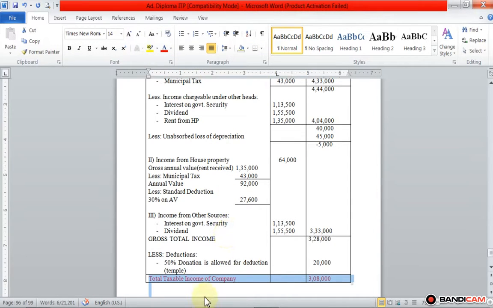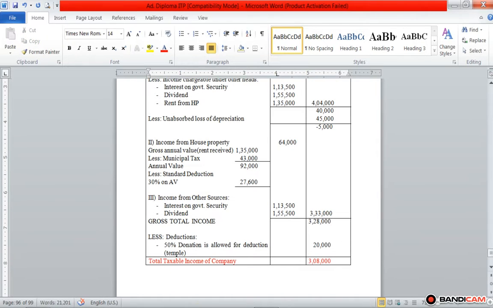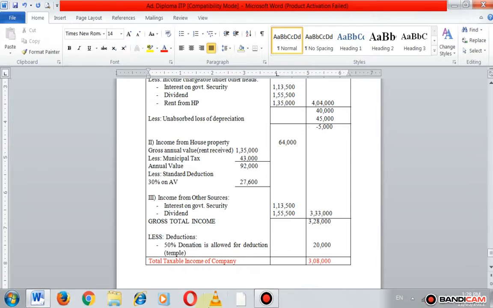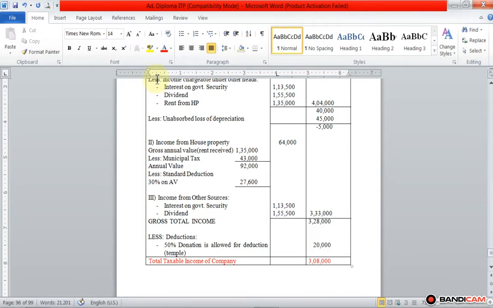Now we compute the tax liability of Bharati Company Limited. Okay, now we compute the tax liability. Here, computation of tax liability of Bharati Company Limited.